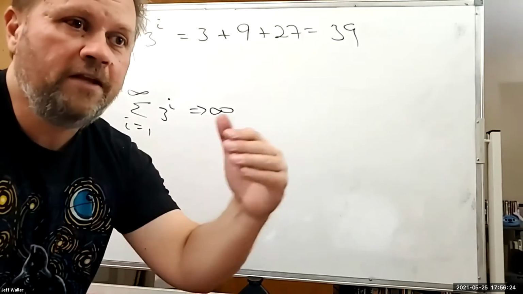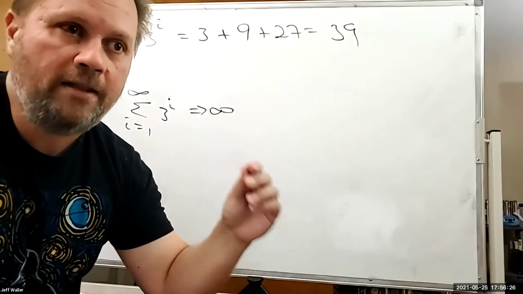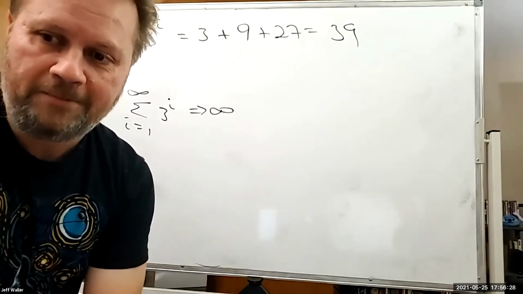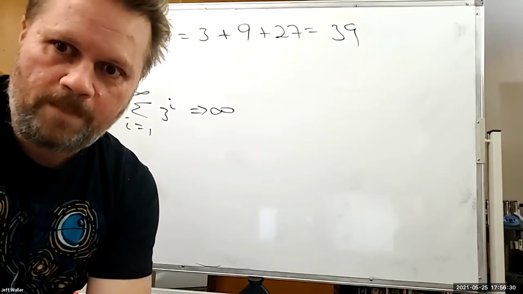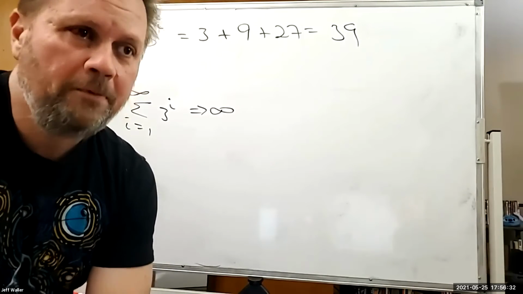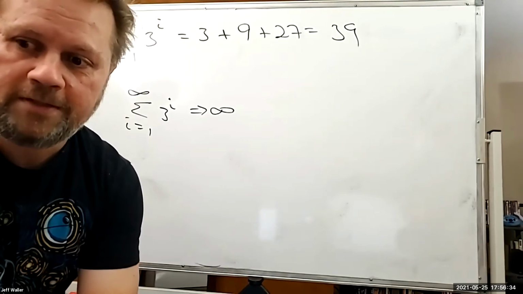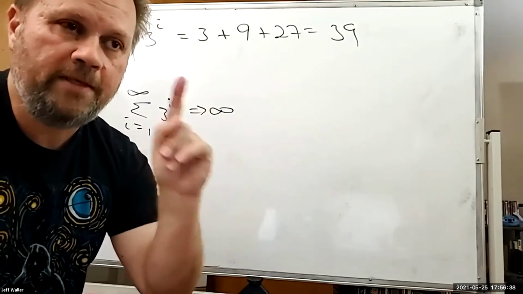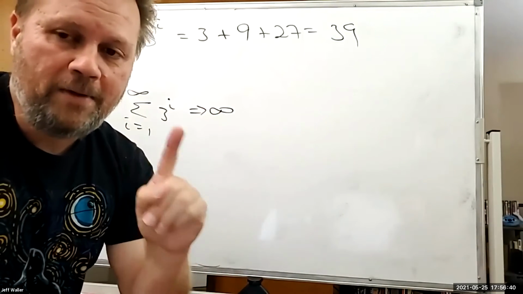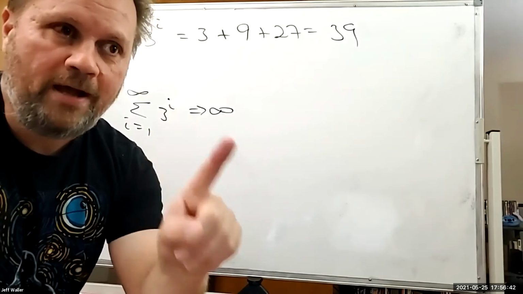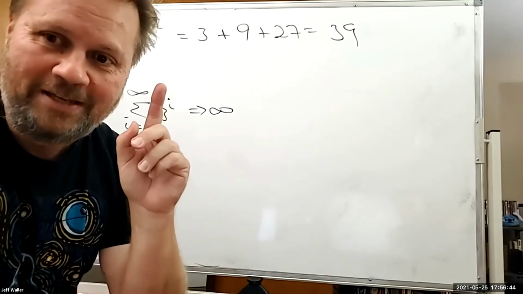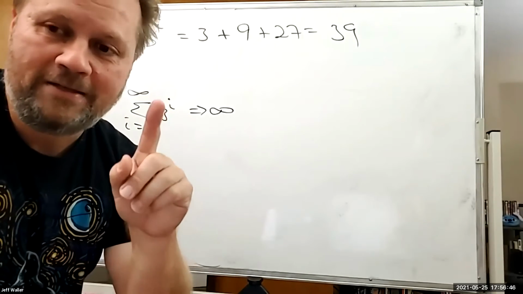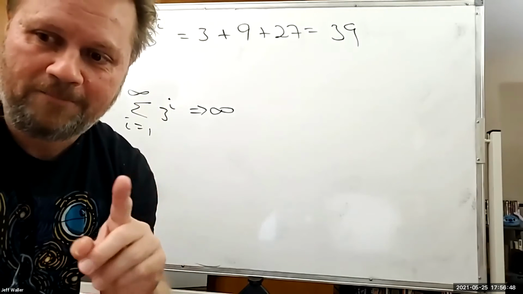What people sometimes forget when I say numbers, you can have an alternating sequence. So let me say this: is there any way I can add up an infinite number of positive numbers and have it come out to be something other than infinity?